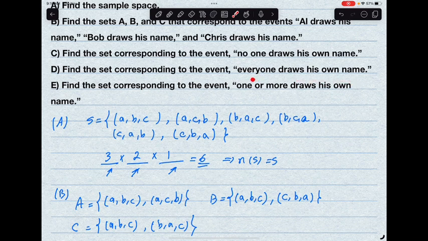A, B, C is the only answer for part D of the question, which gives us the event E.